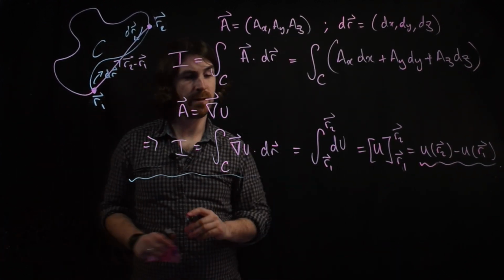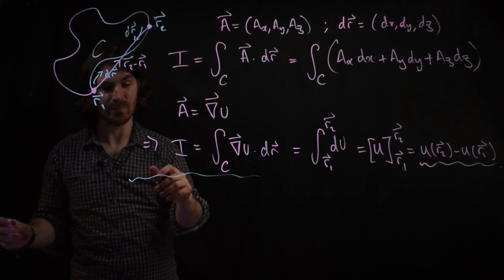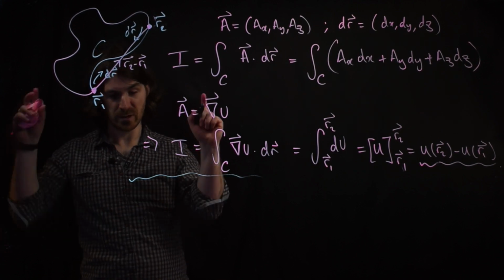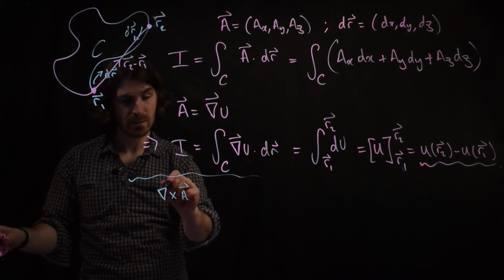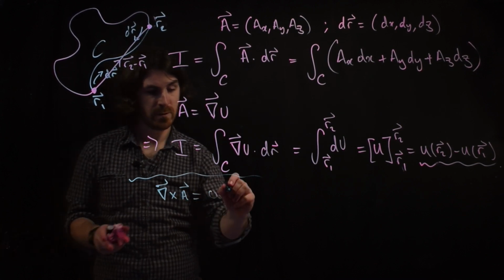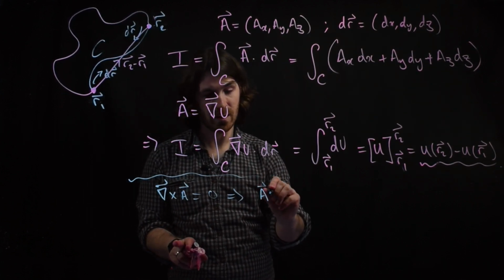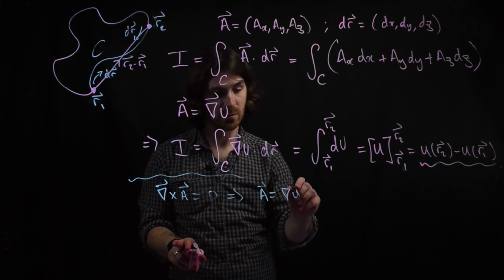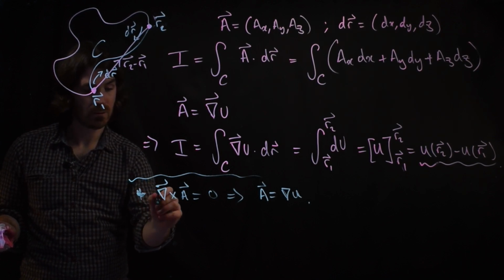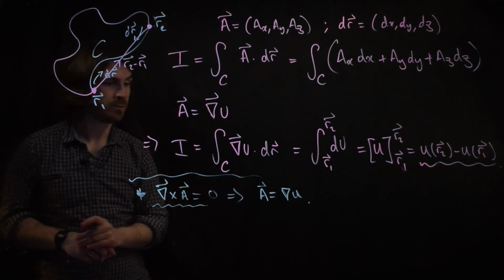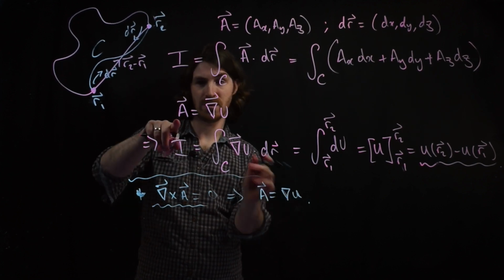And we saw in the last section that if you had a vector field that was irrotational, that was potential, i.e. curl A was equal to 0, this meant that there exists a potential such that you can write A as the gradient of u. So if the curl of A is 0, then you can write this, and then the above is all true, because this is what we started with.